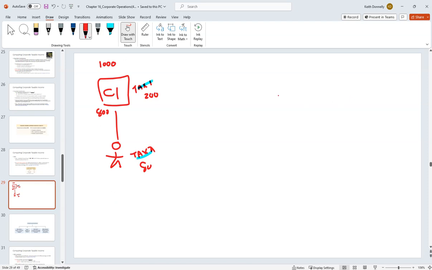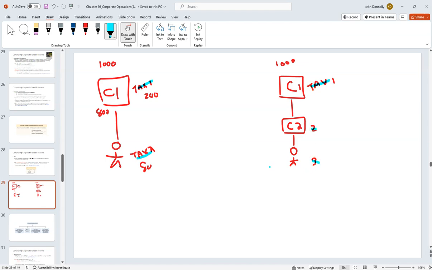What if, however, we had one corporation, let's just name it Corporation 1, that was owned by another corporation, and then that corporation was owned by an individual. If you think about it, if we have that $1,000, it's going to be taxed potentially 3 times by the time it sort of trickles down to the shareholder.